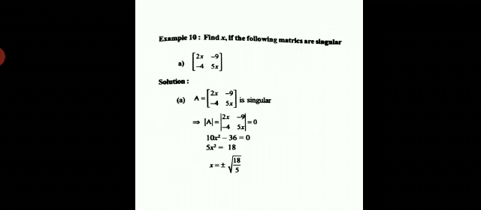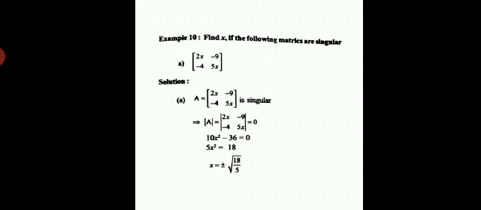Next one, find x if the following matrices are singular. So first one, 2x minus 9 minus 4 5x. Here they have asked if it is singular, then find the value of x. So assume that it is singular. Determinant of A you have to find.